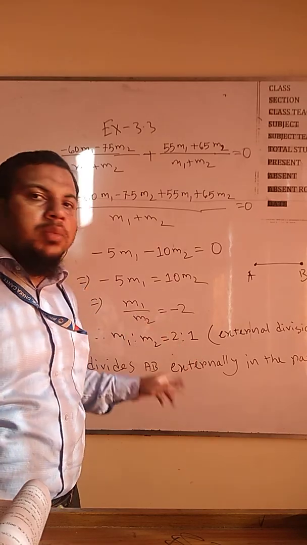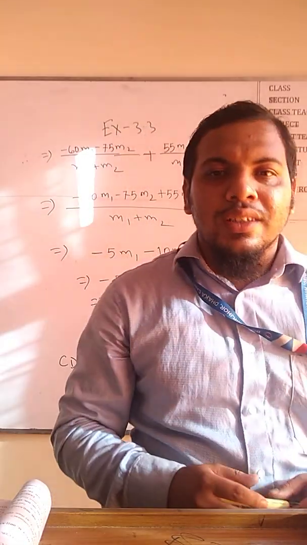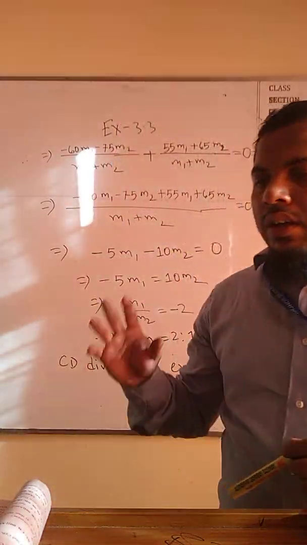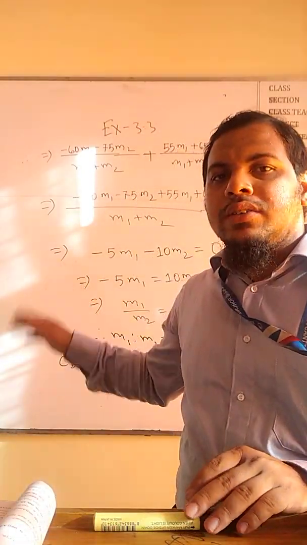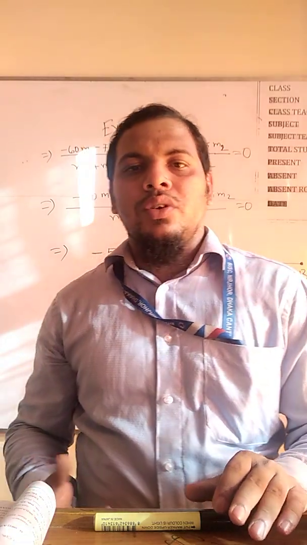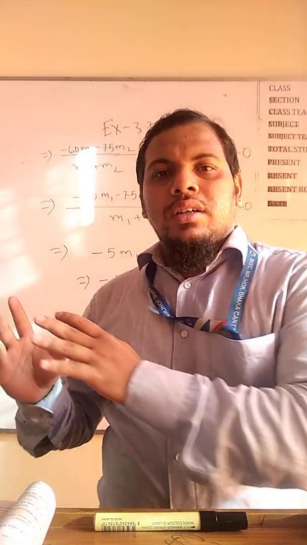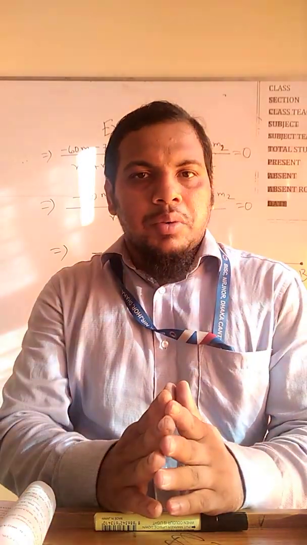If you get m1 by m2 negative, what should you do and what should you understand. So today's class was about exercise 3.3, and this type of problem is very important. If you cannot understand, you have to watch it again and again, then you can understand it properly.